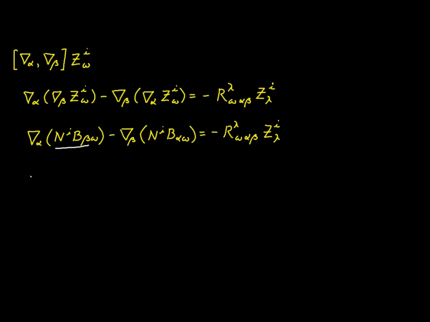What we'll have is the covariant derivative with respect to alpha of our normal component N i, and that times B beta omega, and then we'll add the normal component times the covariant derivative with respect to alpha of B beta omega, like this.